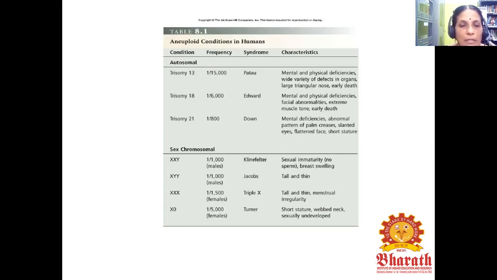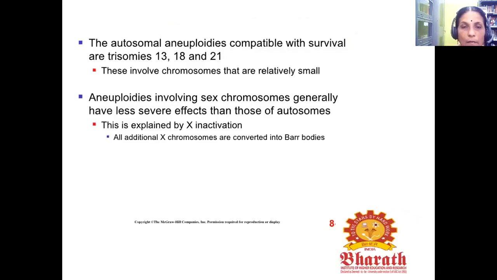And XO is seen in females at a frequency of 1 in 5000, producing Turner syndrome, with short stature, a webbed neck, and sexual underdevelopment.